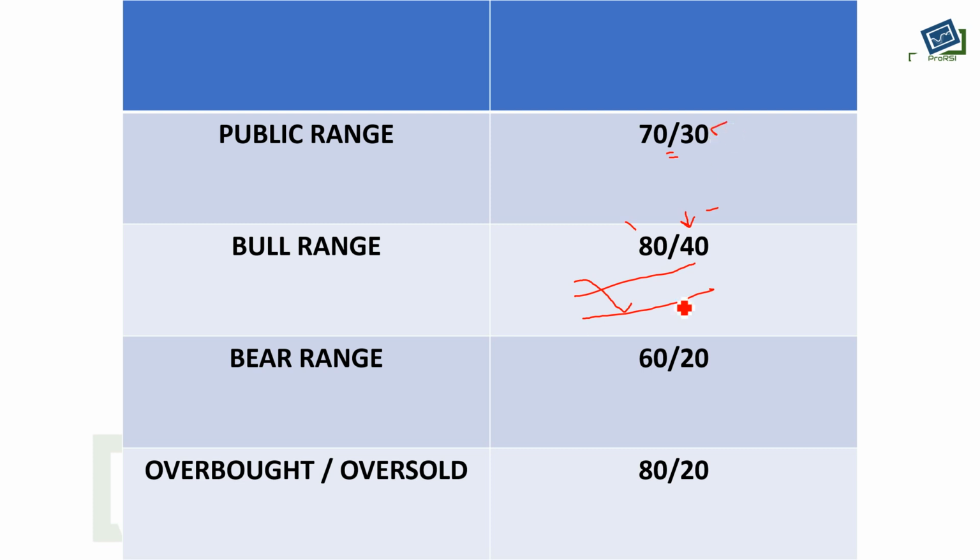Near the 40 level, 40 is not an absolute value, it is an oversold area, and the 80 level is the overbought area. Overbought means the trend is overextended in a direction, and a correction may start anytime. So the 80-40 range is the bull range.